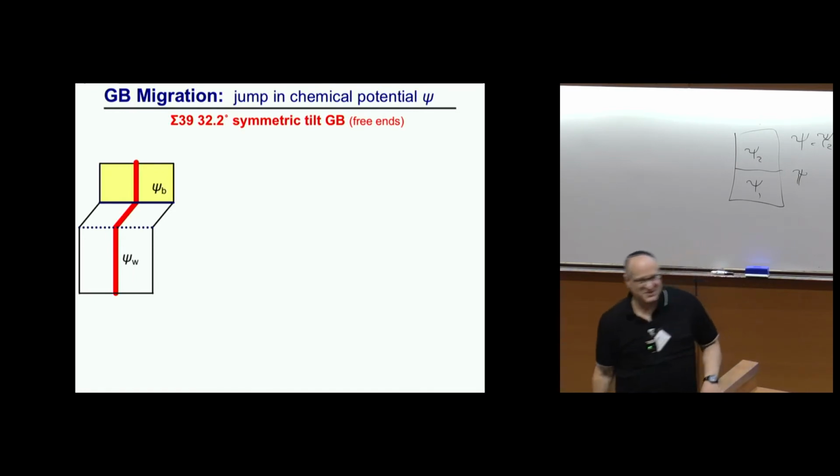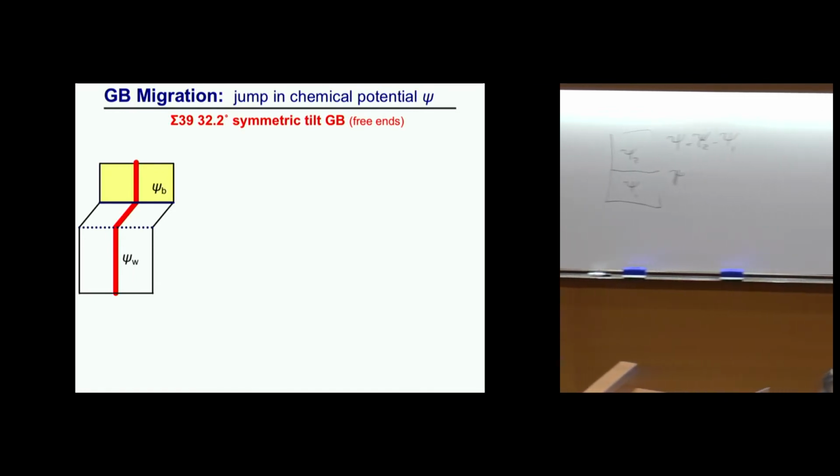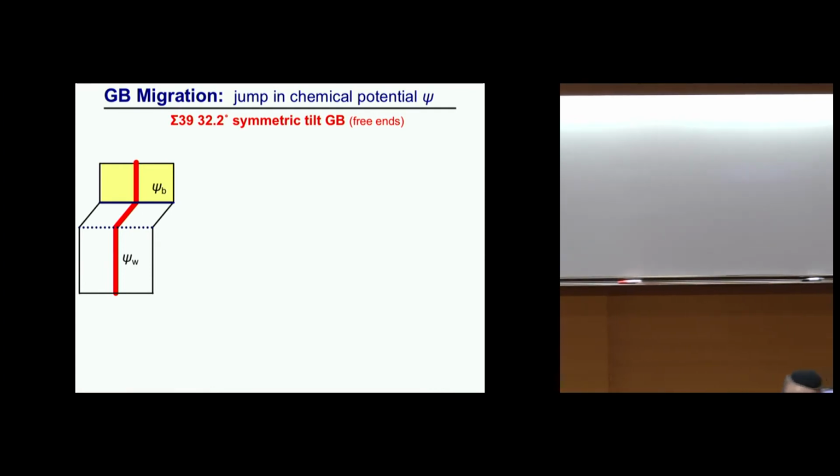Okay, so that brings me to a very nice little set of simulations my student Spencer did. So this is like the simulation you saw before, where what we do is we have a bicrystal. The bicrystal has certain chemical potential in this side and that side, so there's a jump in chemical potential. If this one's higher than that one, the boundary wants to move up. But since there's a Burgers vector, it's also going to shear. Okay?